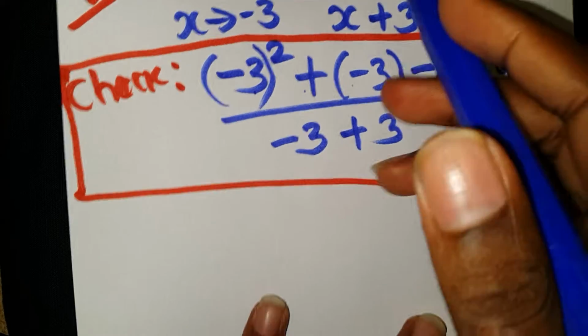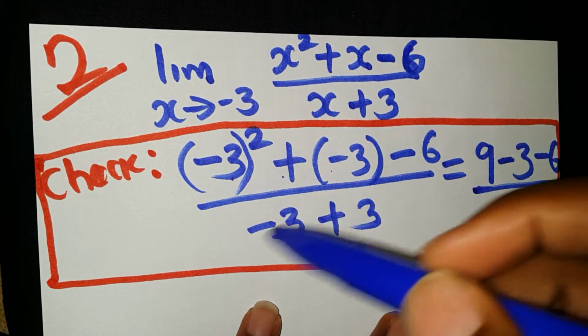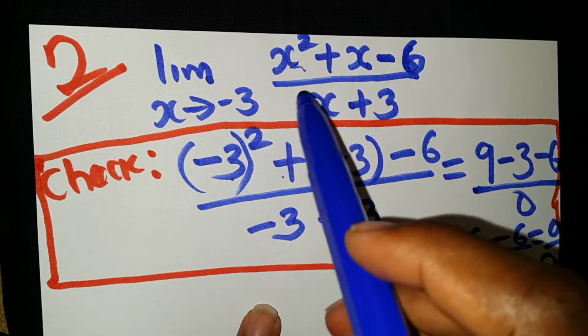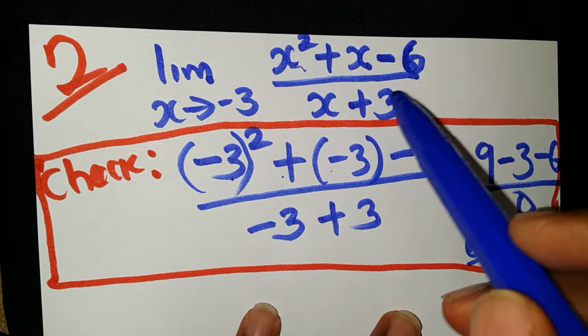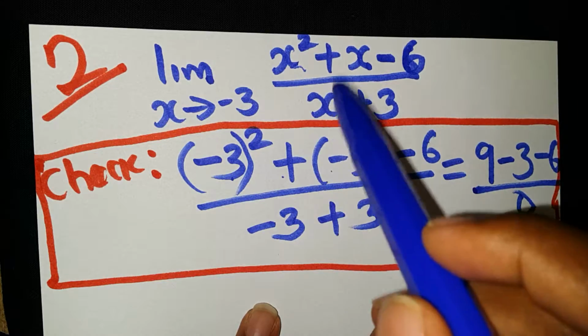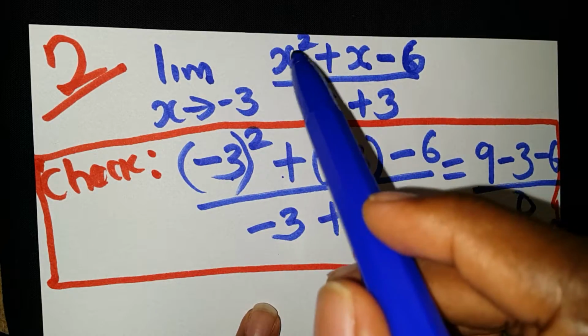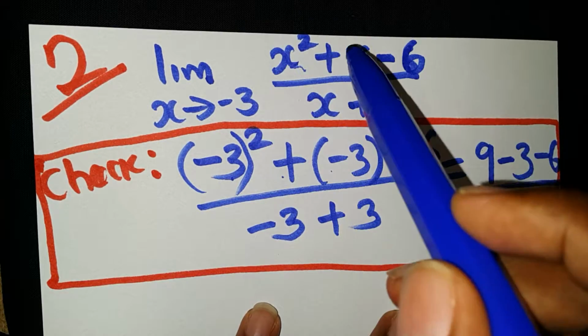So let's continue. I told you in the previous example that you have to check where x has power. In this denominator, x is not having power, but here x is having power. So we have to expand the numerator once again.